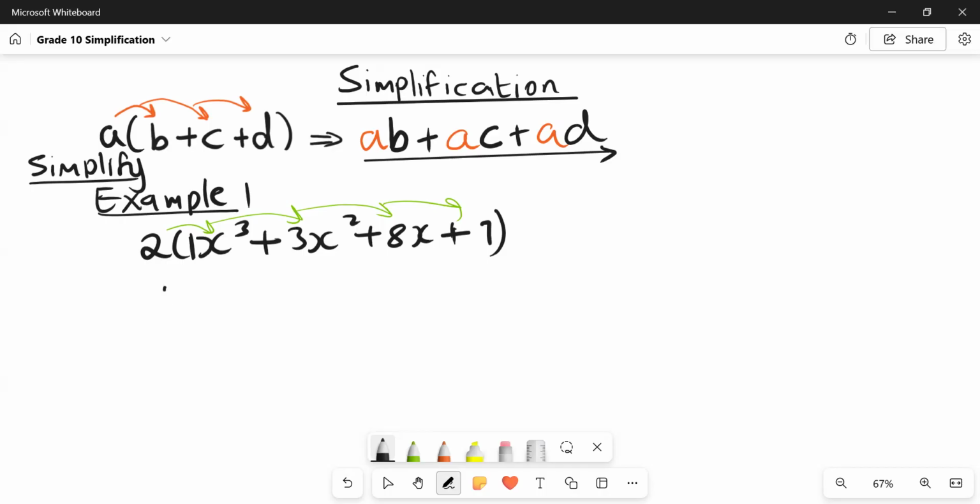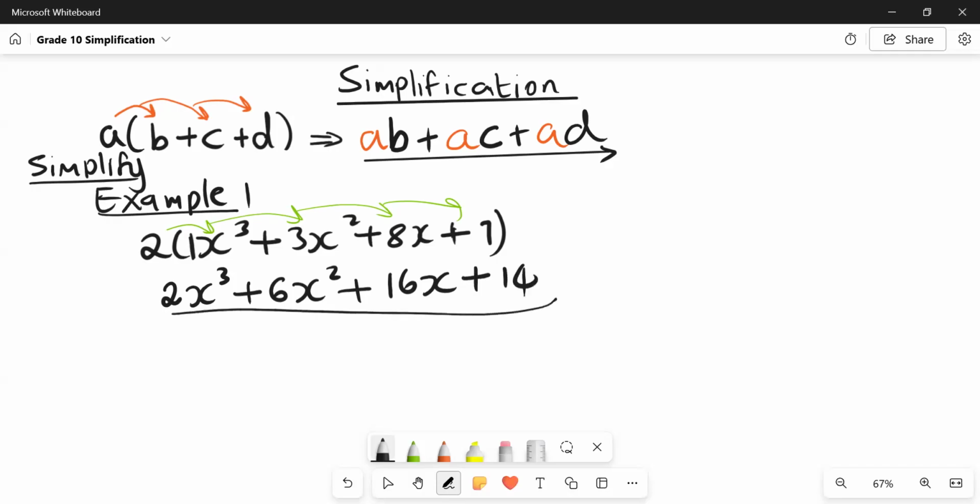So 2 times 1 is just 2, and then you drop down x cubed. 2 times 3, that's positive 6, and then x squared. 2 times 8, that's positive 16, and then there's x there, and then 2 times 7, that's just positive 14. And then I've simplified this example using the distribution law.